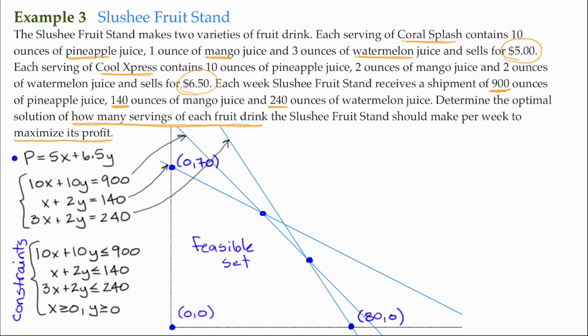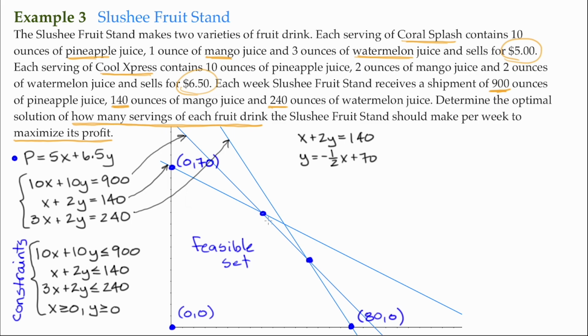So we're going to solve for where those intersections are of the lines. So this line here, this is x plus 2y is equal to 140. So I'm going to write that in slope-intercept form. That's going to be y is equal to negative 1/2 x plus 70.